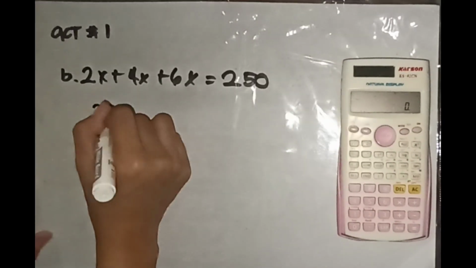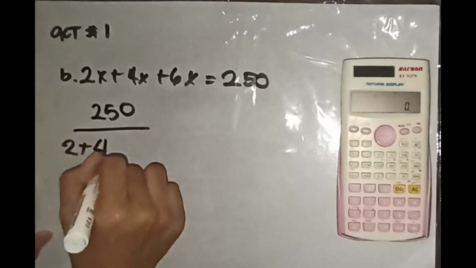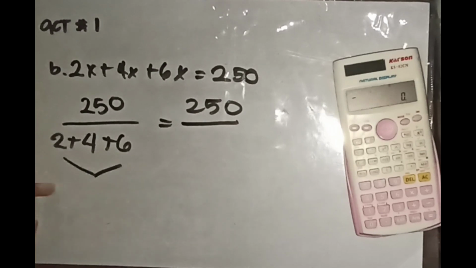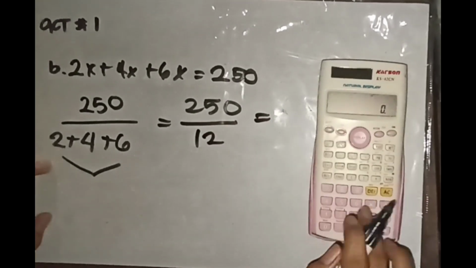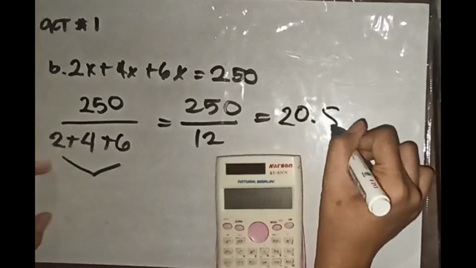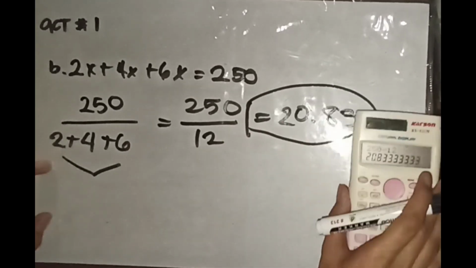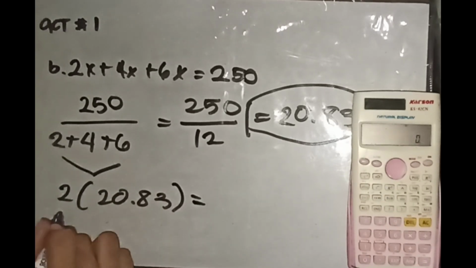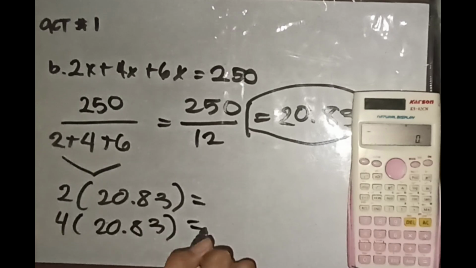For the letter B, divide 250 in the ratio of 2 is to 4 is to 6. I-add lang natin yung mga ratio. So, magiging 12. 250 divided by 12 is equal to 20.83. And then, i-multiply natin siya sa mga ratio.